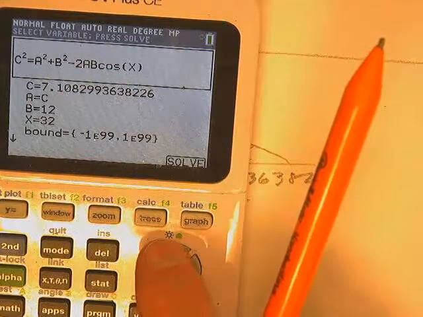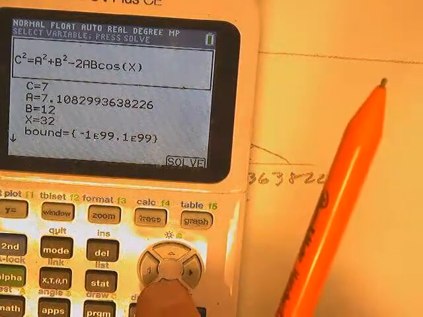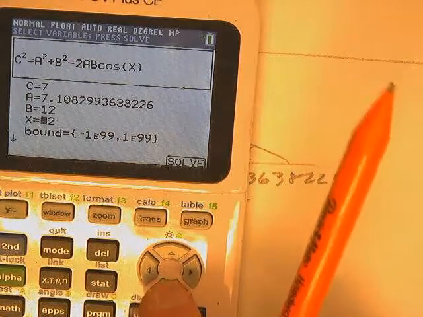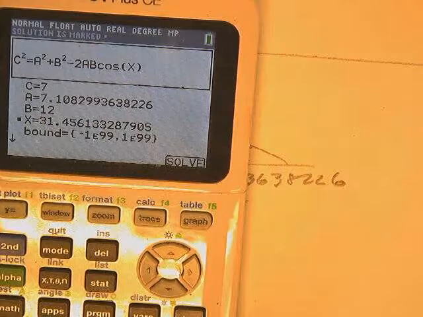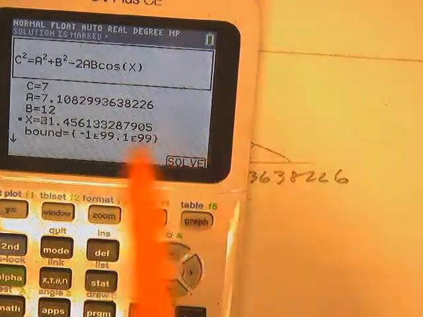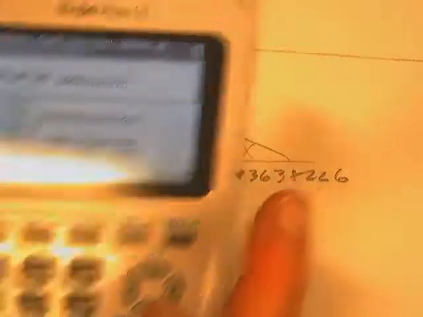And then notice it's just going to move the number for me, and then I do 7 right there, come down here to X and do alpha enter for the angle. Okay, and once you move that, we'll leave it alone for the next one.